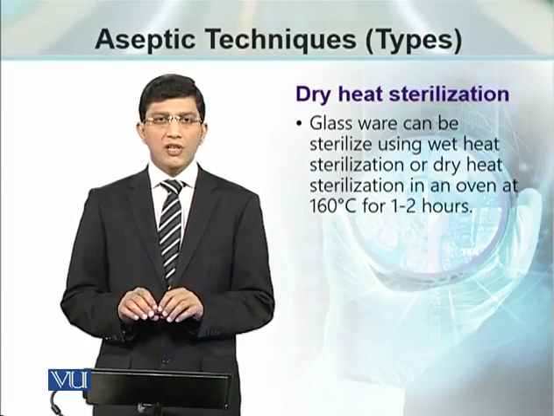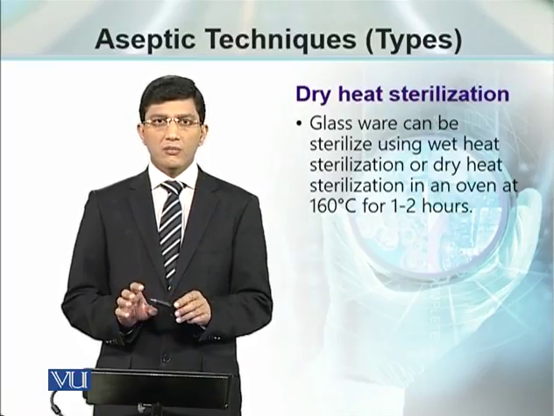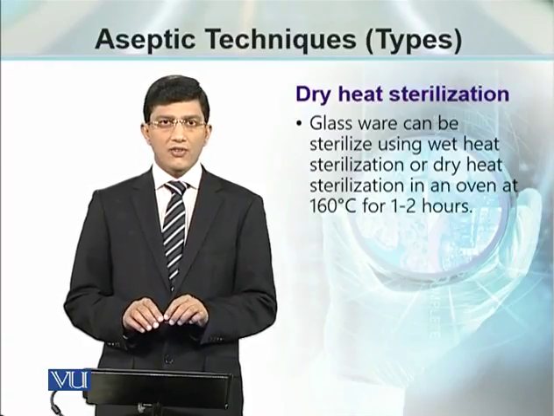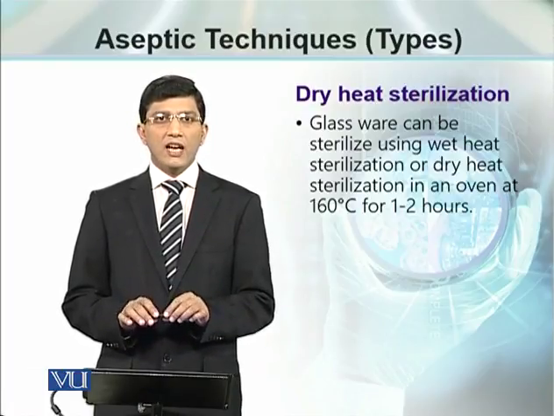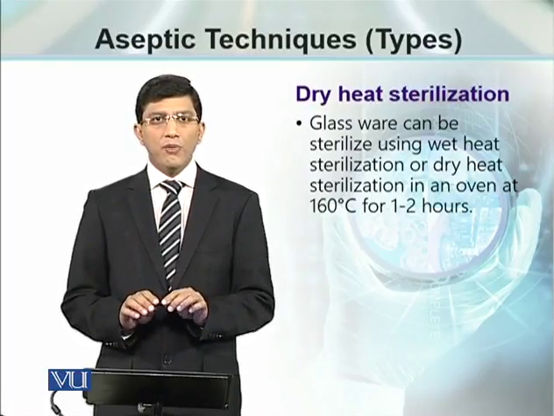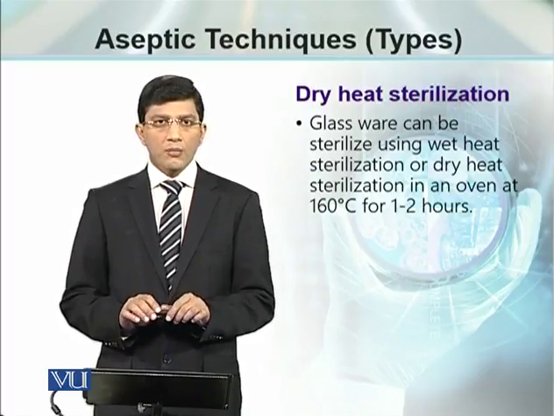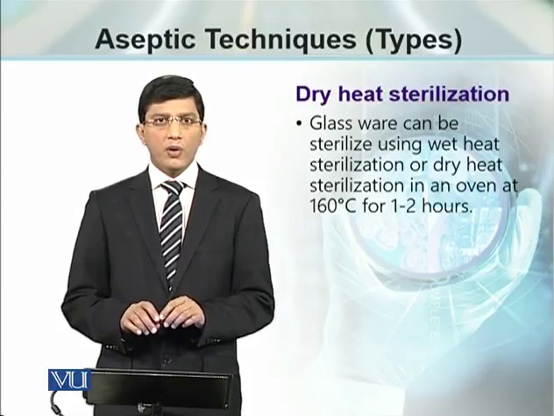This method is mostly used for metallic equipment like scissors, some dissection instruments, or we can also use this method for glassware sterilization. But keep in mind, if you have to sterilize the glassware, remove the plastic covers or plastic caps of the bottles. Plastic may not be able to withstand such a high temperature for 1 to 2 hours.